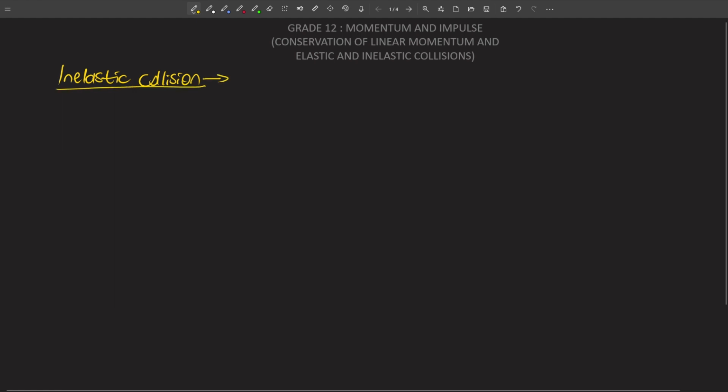This is a very interesting one. The first thing you should know in this one is that kinetic energy is not conserved.